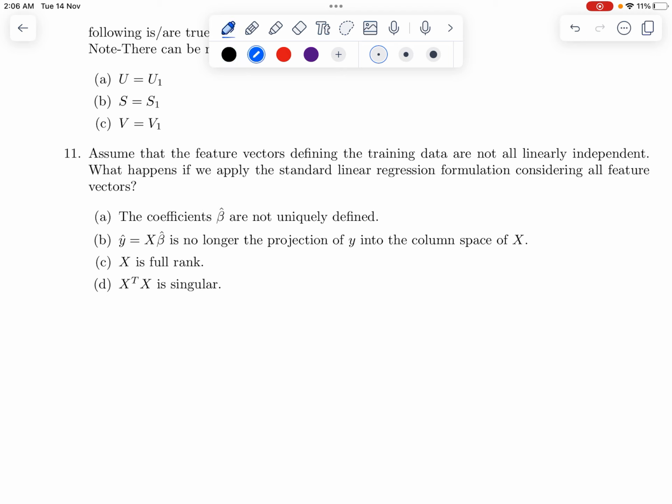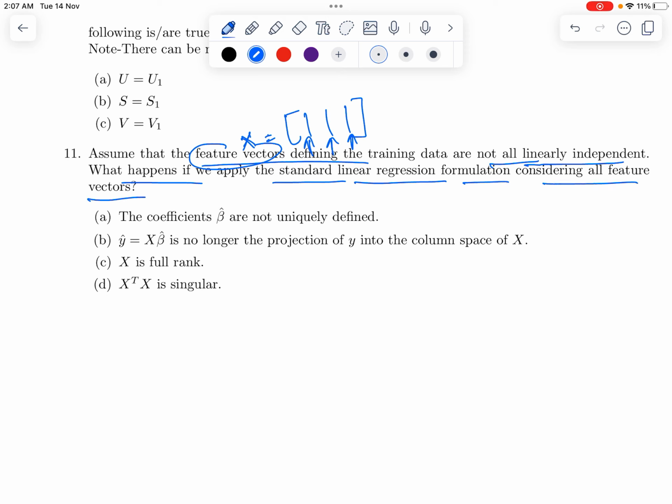Let's take the feature vectors as a matrix X, and this X is not linearly independent, so it will have some dependent columns. The question is, what happens if we apply a standard linear regression formulation considering all feature vectors?